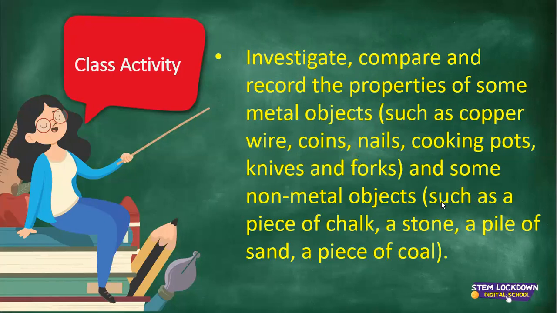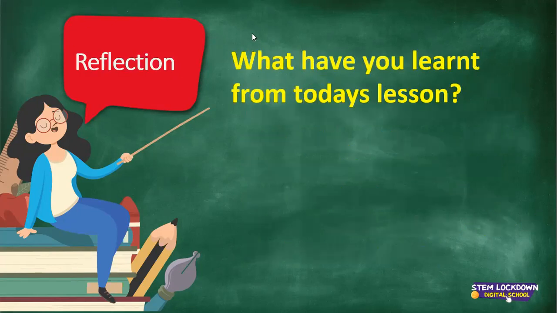And I also want you to talk about the properties of things like chalk, stone, and sand, or maybe coal. I'm going to give you at least 5 minutes for you to look for the answers. And then raise up your hand, and we'll come and discuss them. Just raise up your hand, and I'll choose who actually gets to give answers. Okay.